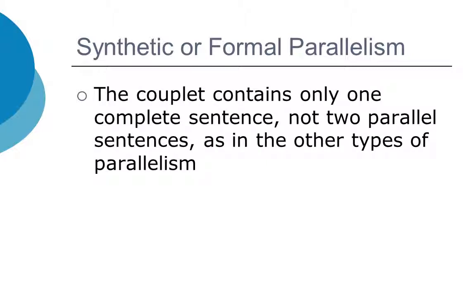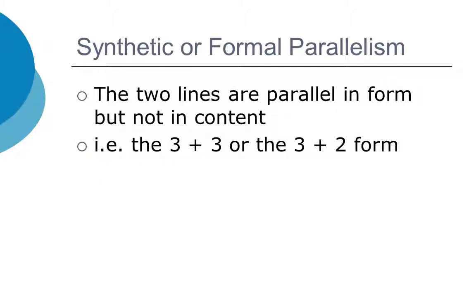So the couplet contains only one complete sentence, not two parallel sentences, as in other types of parallelism, as we often see. The two lines are parallel in form, i.e. the 3 plus 3 or the 3 plus 2 form, as I've mentioned, but not in understanding, in meaning.